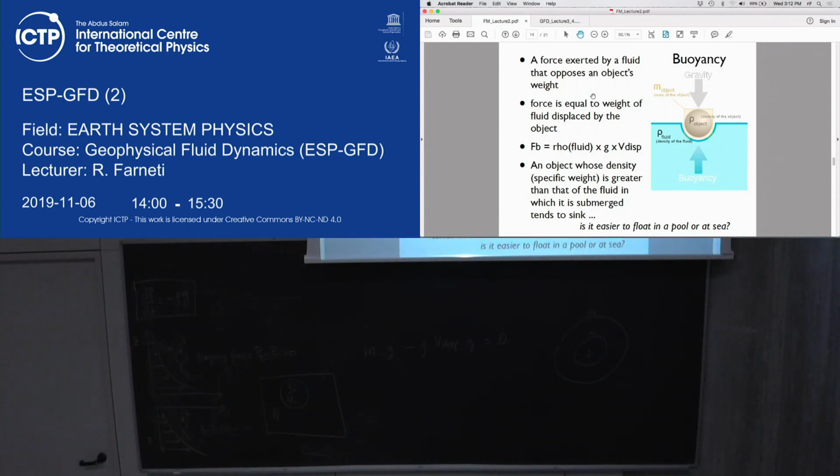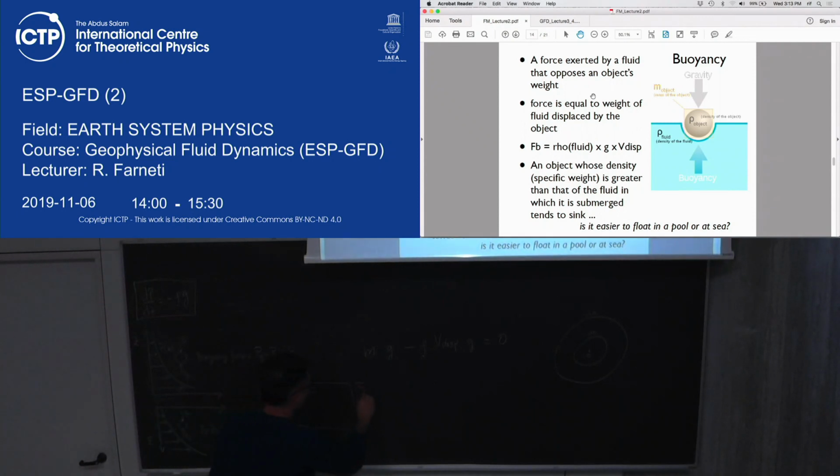If I throw myself, okay, so that's an example. Is it easier to float in a pool or at sea? Okay, so you swim in a swimming pool. Okay, this is my swimming pool, and I'm swimming, totally in the water. Let's say I'm displacing this much volume.